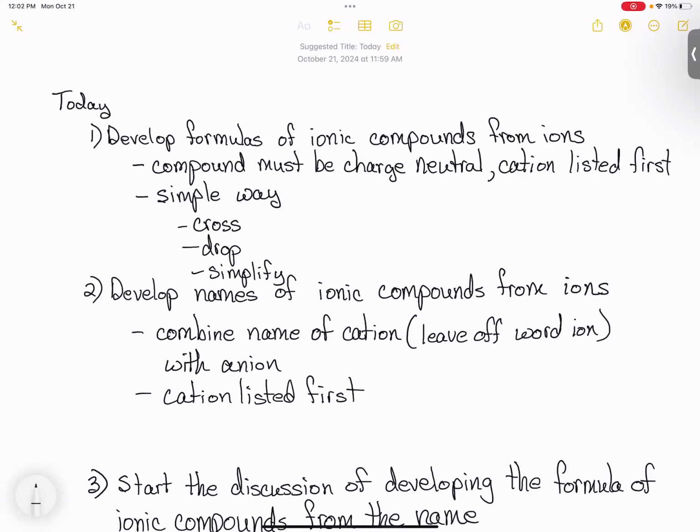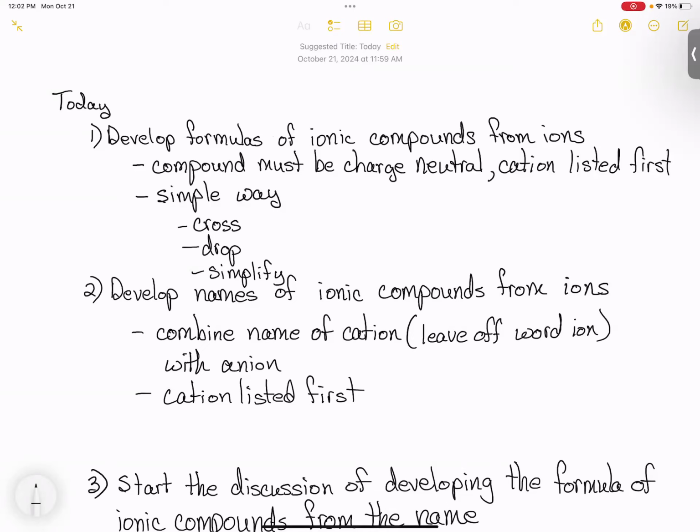So before I even begin with the information from today, I'm going to try to jog your memory from the Wednesday before fall break. If I asked you what charge this group has, you would say +1. If I ask you what charge group 2 has, +2.